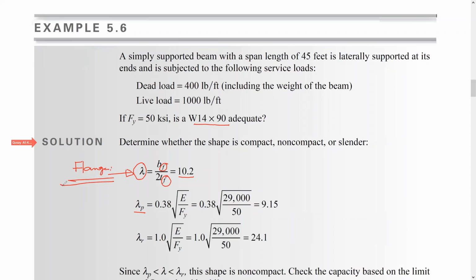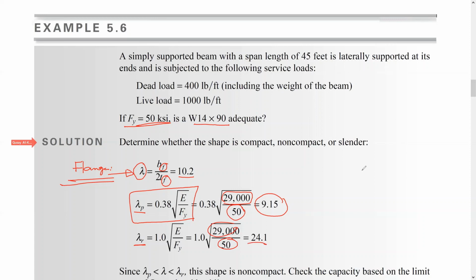So we need to compare it with this limit, lambda p, which is 0.38 times the square root of Young's modulus divided by yield stress. Yield stress is 50, so it's 9.15. And this is lambda r, which is 1 times the square root of Young's modulus divided by this, so 24.